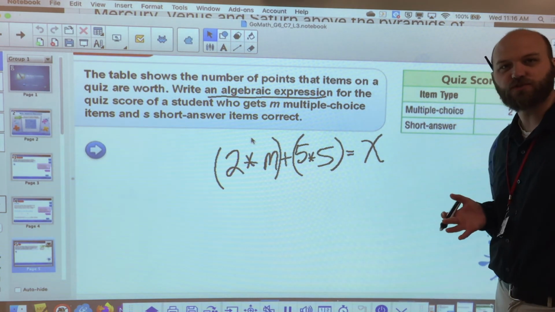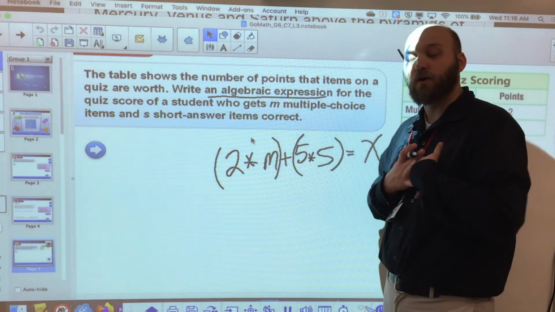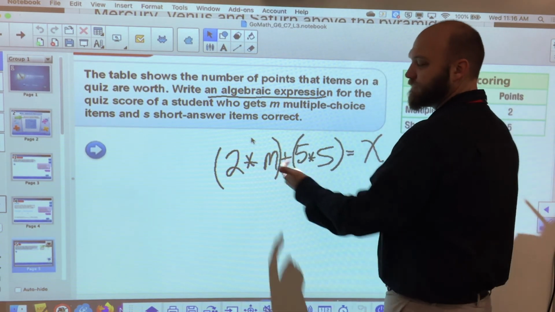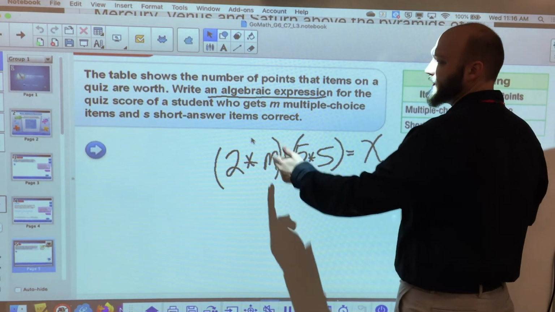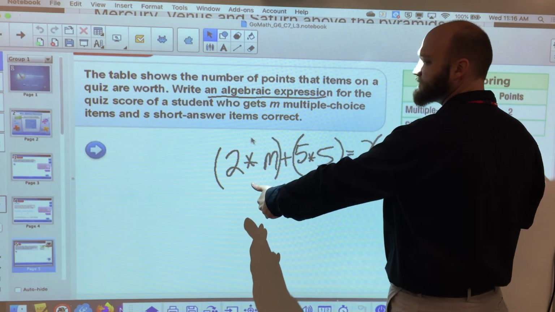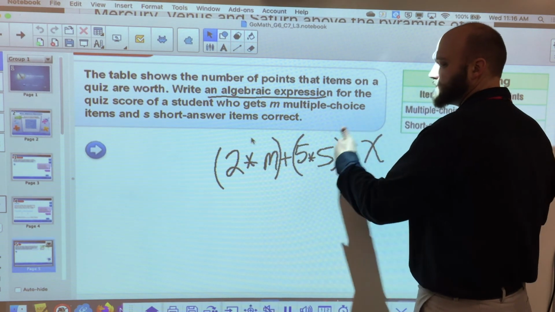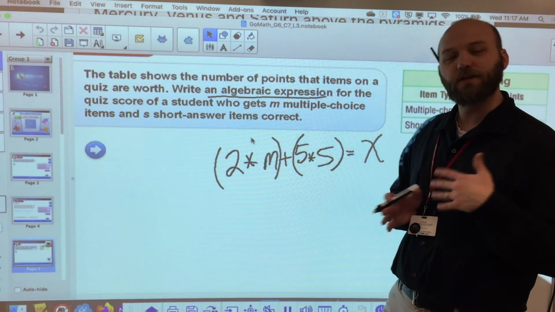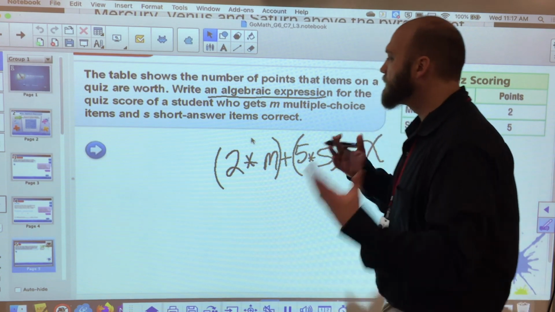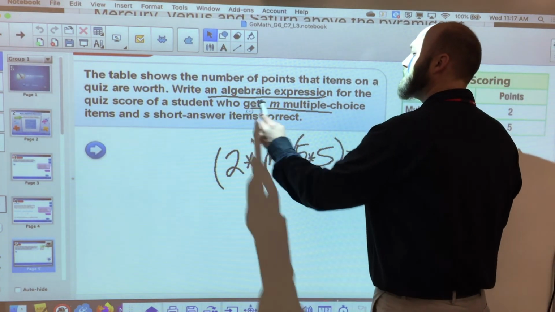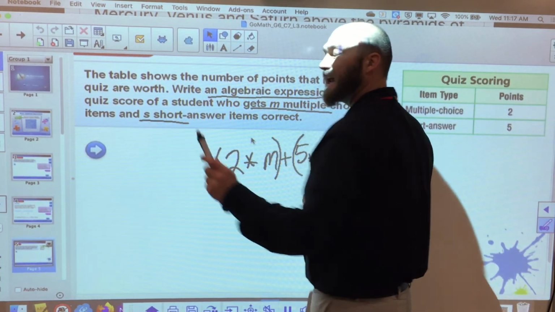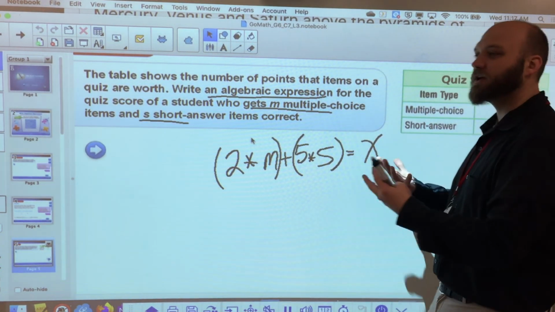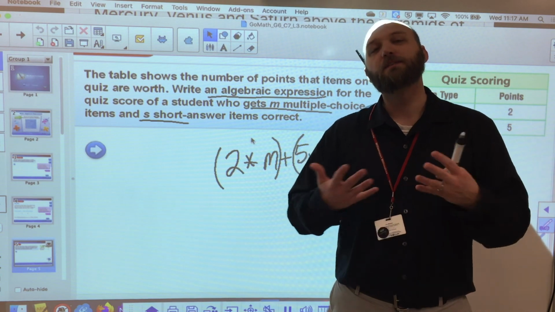So I don't know what the total score is, because on a spreadsheet, if I were grading one of your papers, I would take, say, 4 multiple choice that you got correct. Well, that's good for 2 times 4, that's 8 points. And 3 short answer, 5 times 3 is worth 15 points. So I put them together to get your total score. So when I'm reading down through here, it's going to give me a variable that I need to work with. And then I take what I know about that variable and I turn it into an algebraic expression that I can use to solve it.